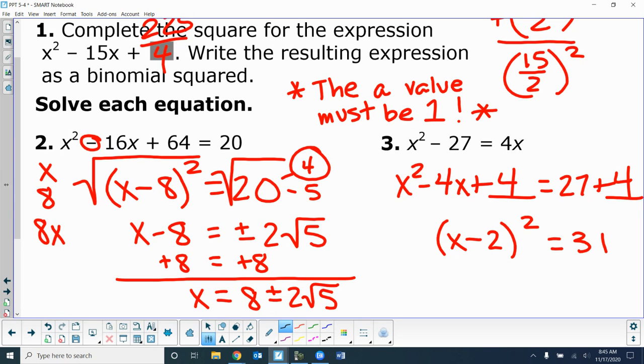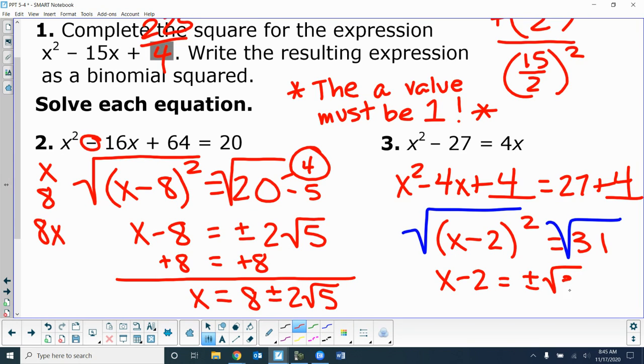And then I do my square root. So I get x minus 2 plus or minus square root of 31. 31 won't break down. It's a prime number. It's just 1 times 31. So to finish up, I just add the 2. So I get 2 plus or minus square root of 31.